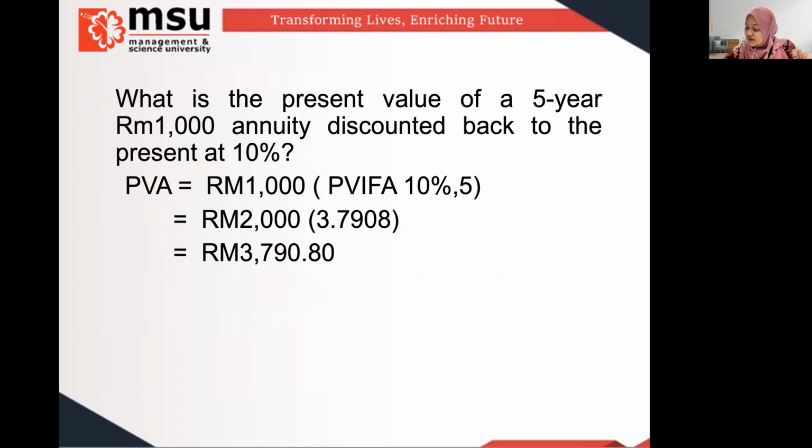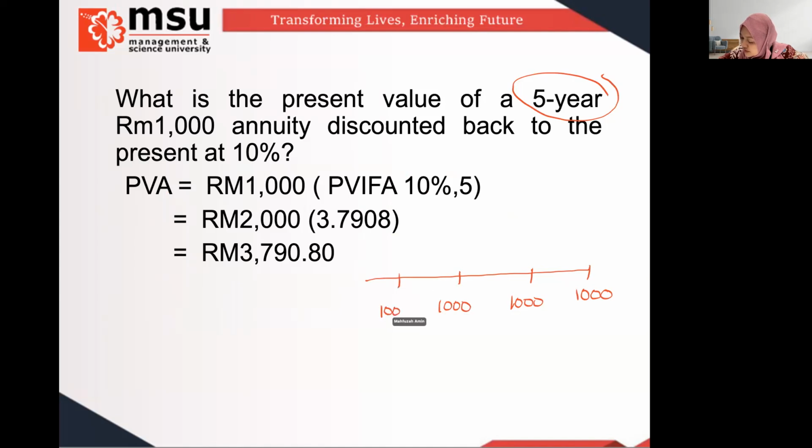So let us look at this question. What is the present value of a 5-year 1,000 ringgit annuity discounted back to the present at 10%? So every year there will be a payment of 1,000 ringgit, and this happens for 5 years.